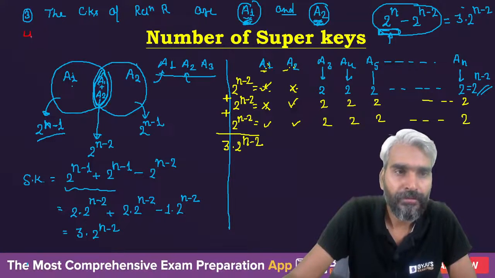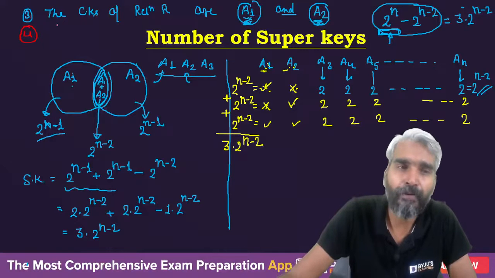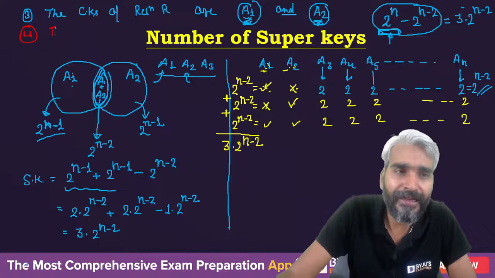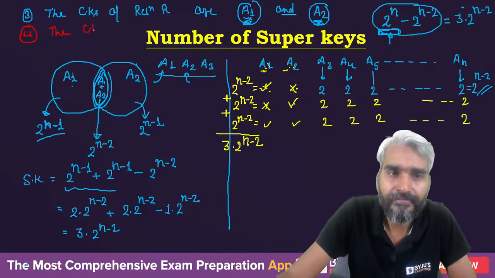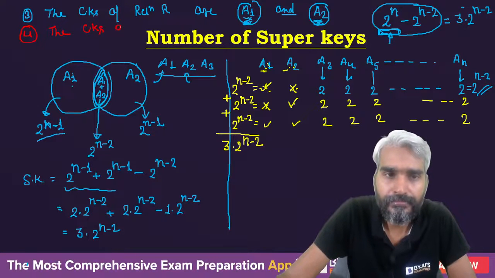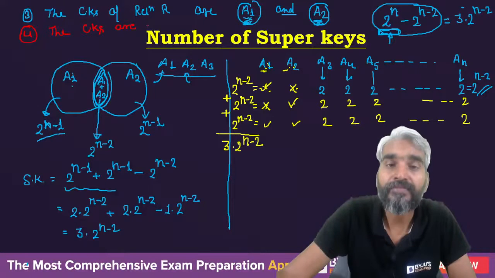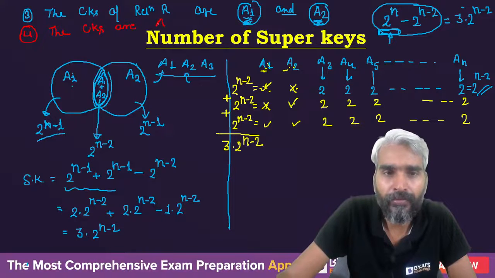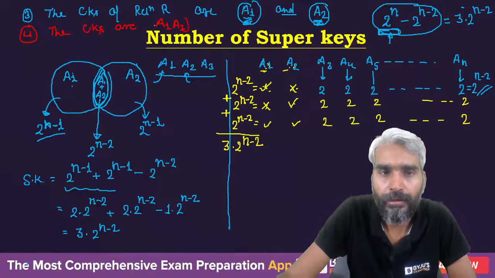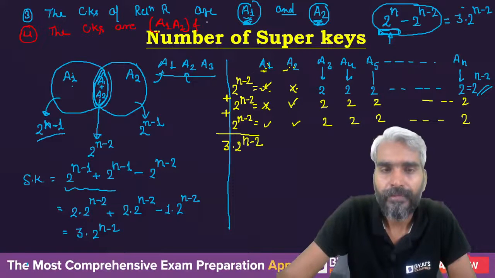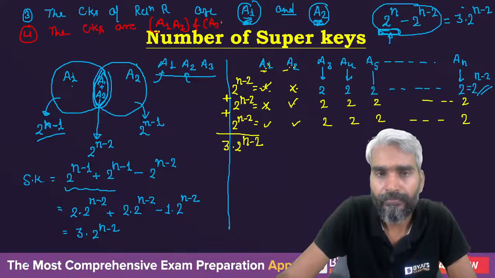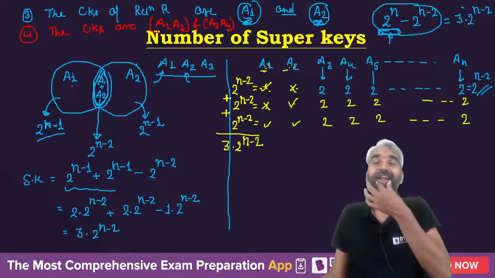Fourth, how many super keys are possible if there are multiple candidate keys, one is A1, A2 and another is A3, A4?